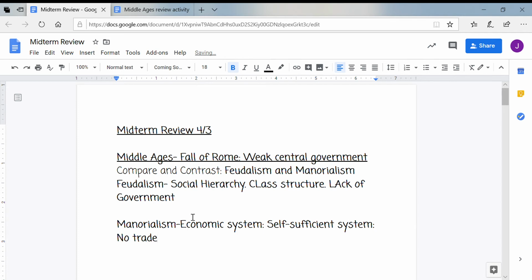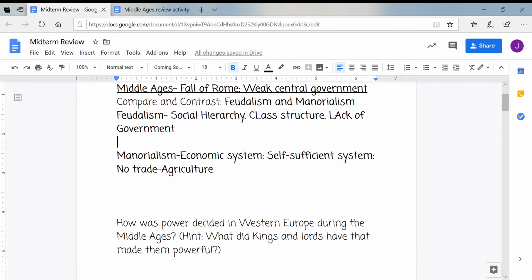Everything was made on the manor. Remember, it has something to do with economy, has something to do with agriculture, because that's what the peasants mainly did. They mainly farmed.